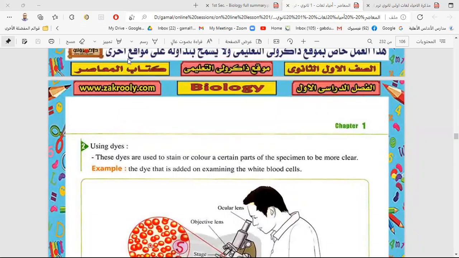The dyes are used to stain the specimen so it becomes more clear.